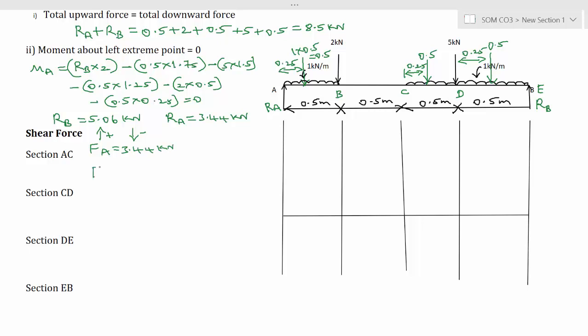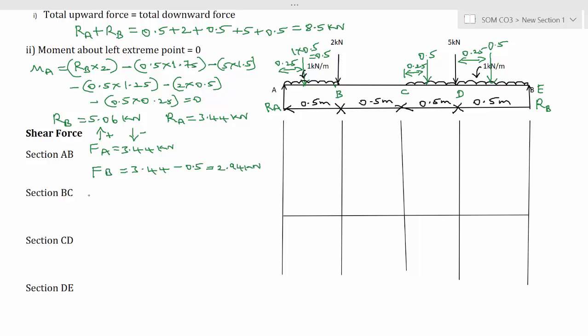Then FB is equal to, in between A and B the uniformly distributed load is acting and its magnitude is 0.5. So it is 3.44 minus 0.5 is equal to 2.94 kilonewton. Here I haven't considered the point load, because when you consider section AB, this FB is just before the point B, that is without considering the point load.